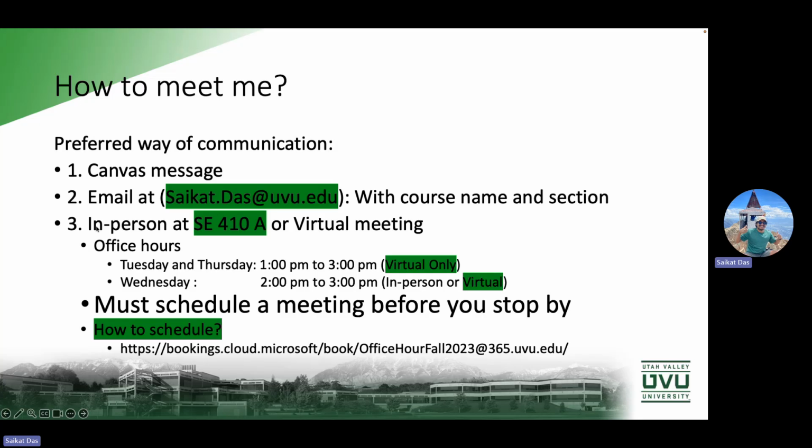My email address is my first name dot last name at edu. But make sure you include your name, the course, and your section number. I teach multiple courses and sections, and an email that just says I have a question about the assignment doesn't tell me which assignment in which class, right? So make sure you write those things.